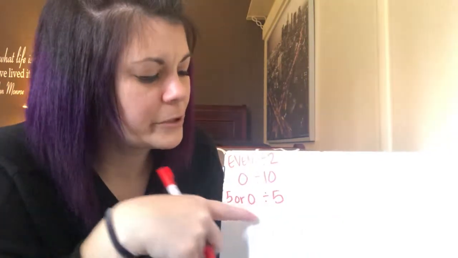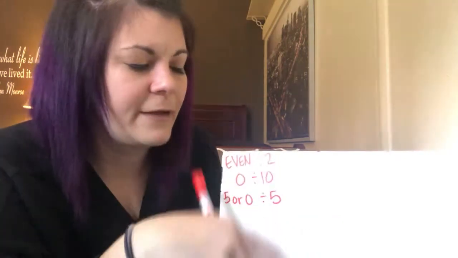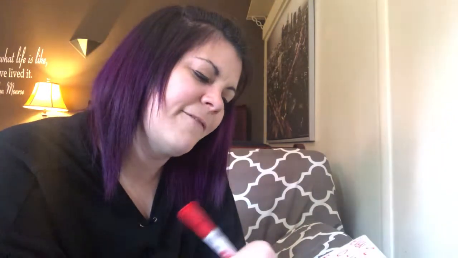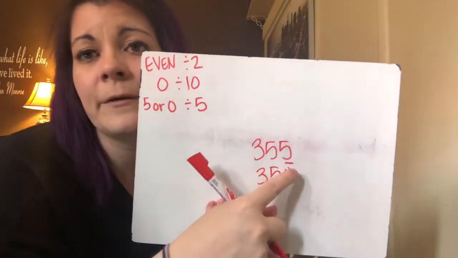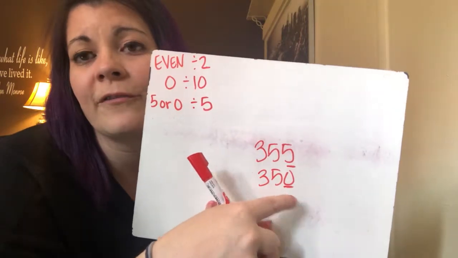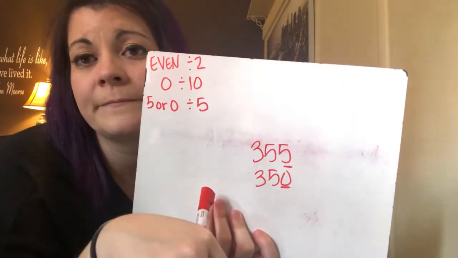But only numbers ending in 5 are divisible by 5 in what we have here so far. If it ends in a 5 or a 0, like 355 or 350, they're both divisible by 5, okay? So if it ends in a 5 or a 0, you can divide it by 5.